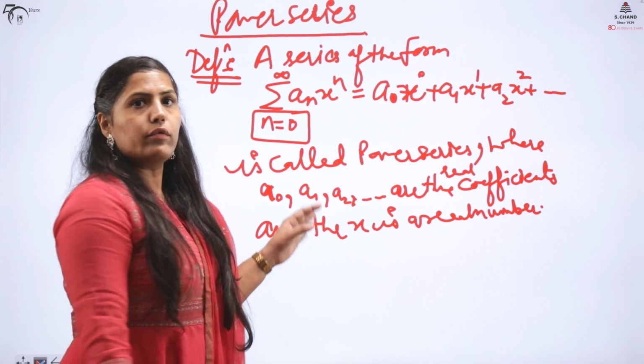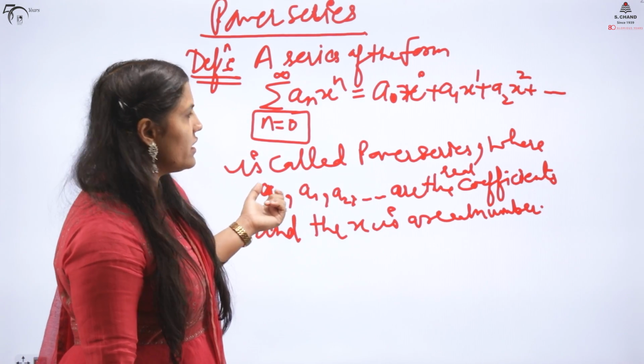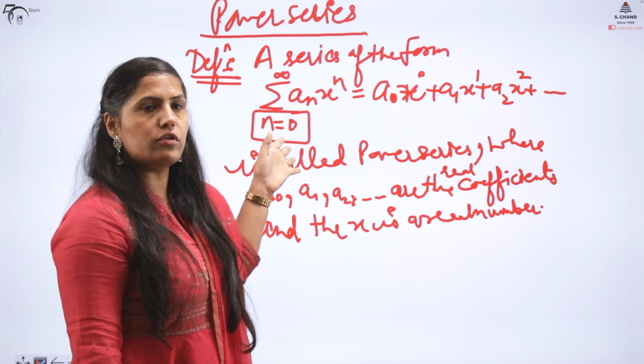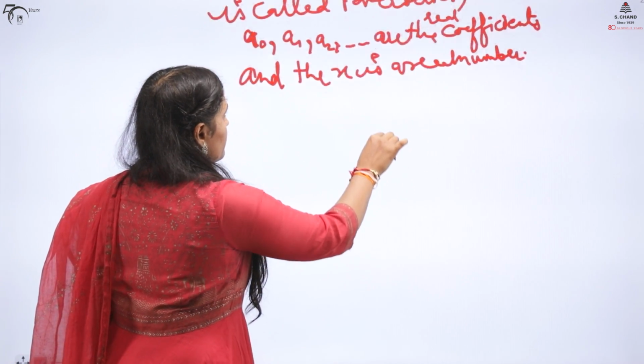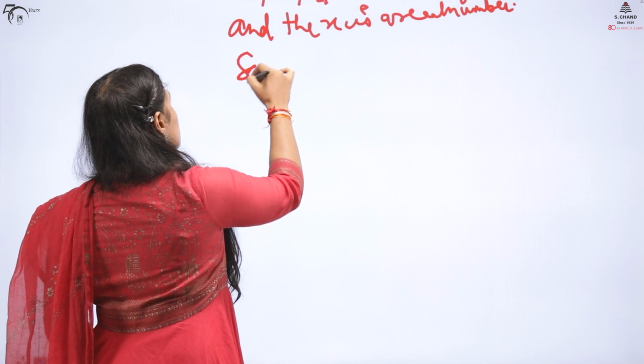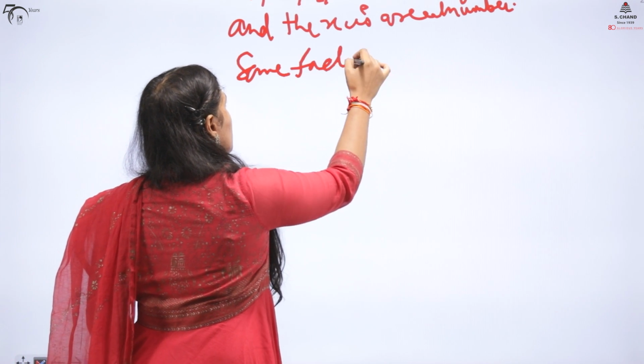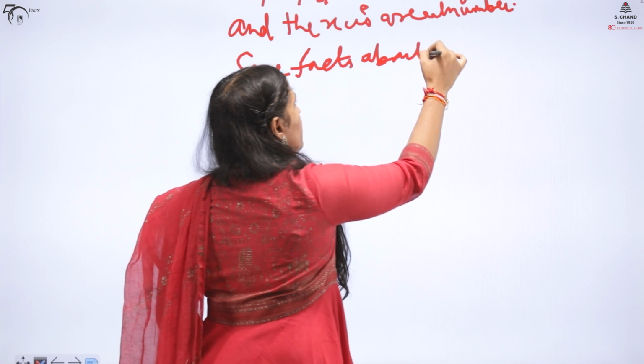Now what are the important facts? Because if it is a series, we again look for the convergence of this type of series, which is a power series. So some facts about power series.